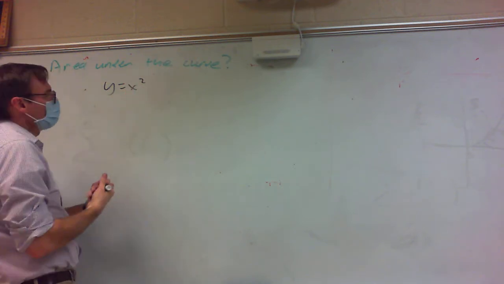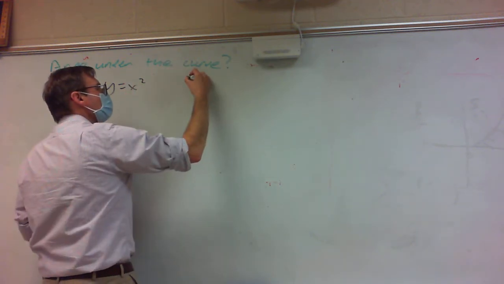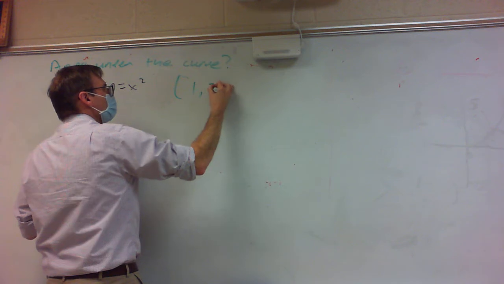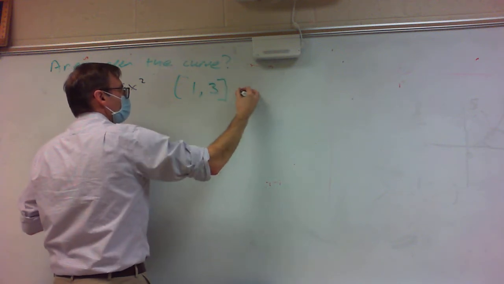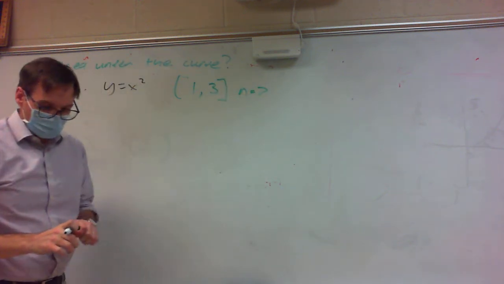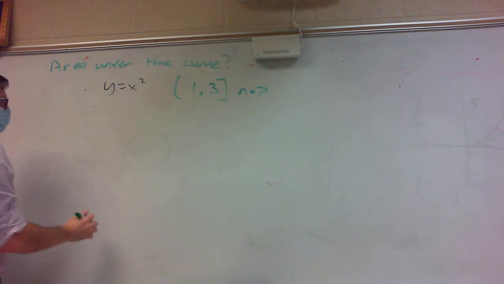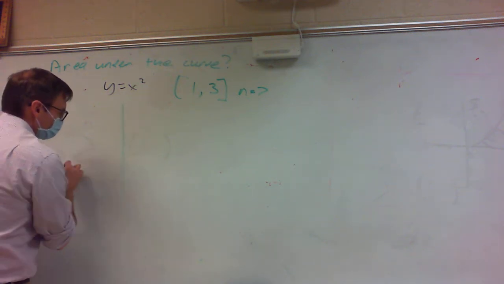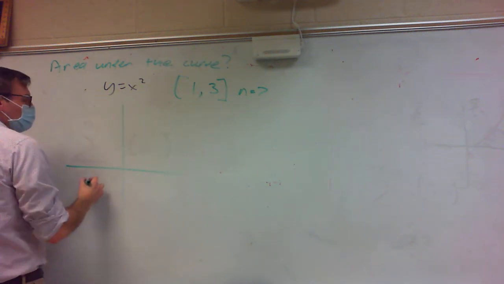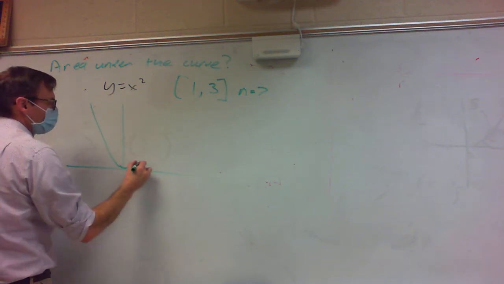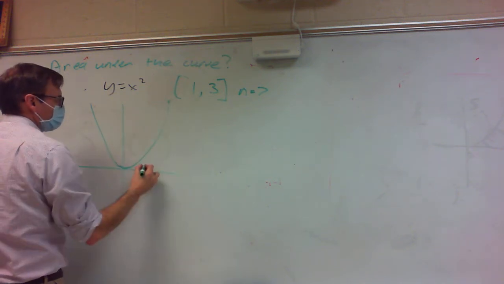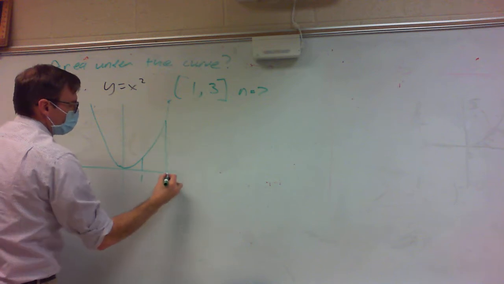I still like y equals x squared, but now I'm interested in the interval 1 to 3. And I want 7 rectangles. Let's see what that picture looks like. So here's our parabola, but now we're going from 1 to 3.